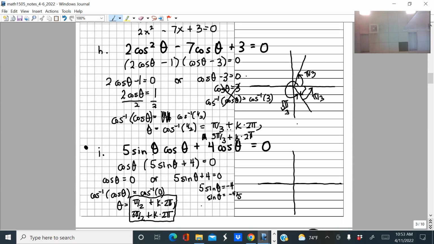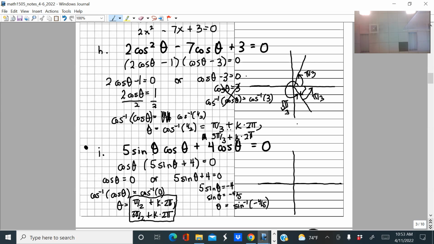Well, let's apply the inverse sine to both sides. I'm going to skip a step here, but when you apply the inverse sine to both sides, you'll get theta is the inverse sine of -4/5.